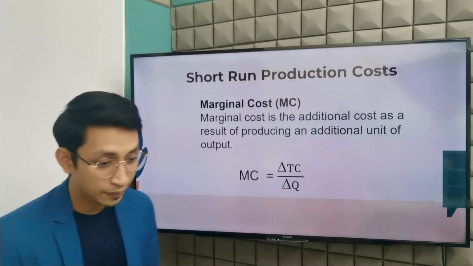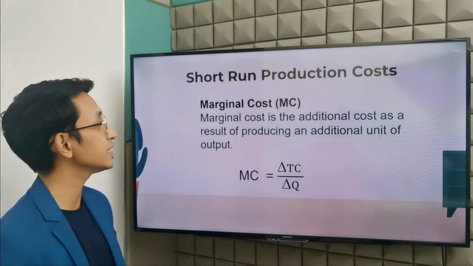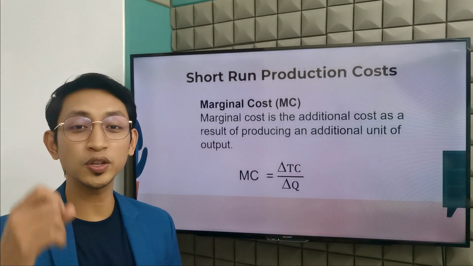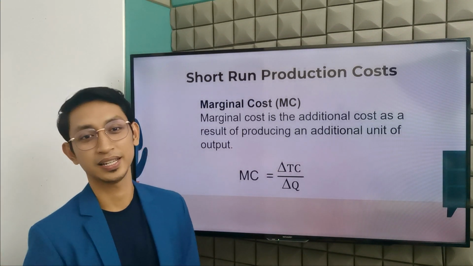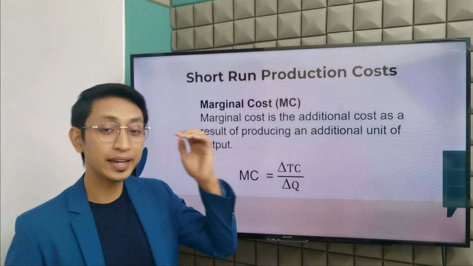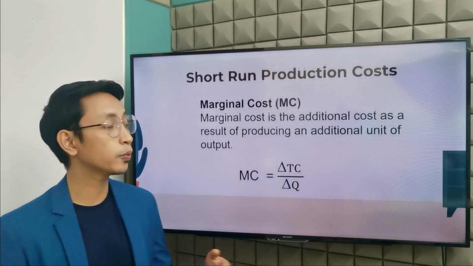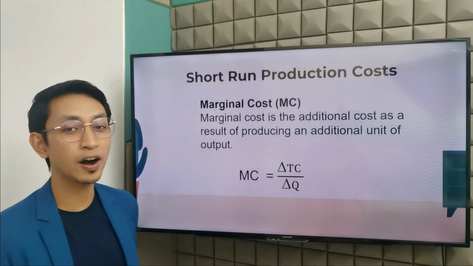Alright, and the last formula for this chapter is marginal cost. As I told you so many times, when we refer to marginal, it refers to changes. So marginal cost is the additional cost, or changes in cost, as a result of producing an additional unit of output.